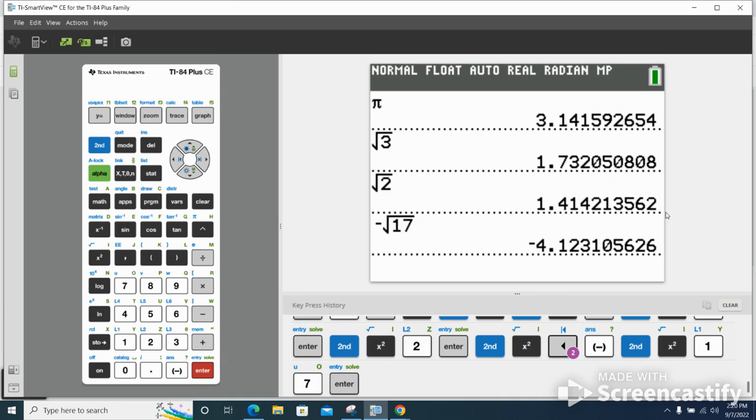It's a number that the decimal never stops and it never repeats. The fancy math way to say that is non-terminating, non-repeating decimal. Okay? So all of these are what we call irrational numbers.